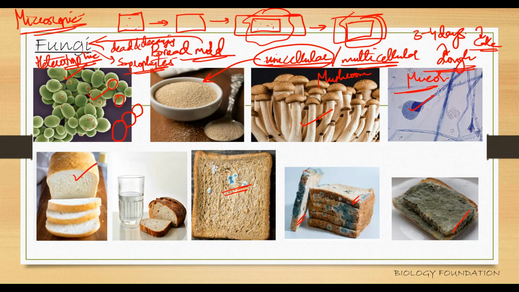Then you start seeing some mold, that means powdery substance growing on the bread. If you continue the process for a week, you can see the mold growing even in the corners and sides of the bread. And finally, if you leave the bread for 2 weeks, you can see the entire bread is covered with mold.